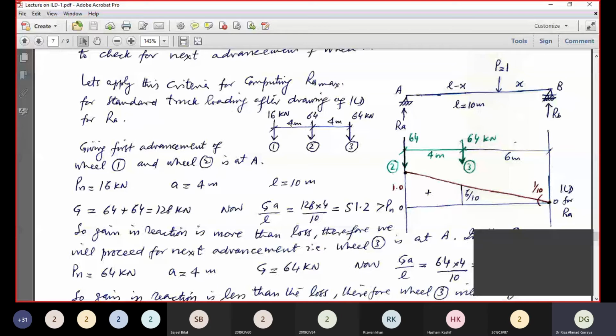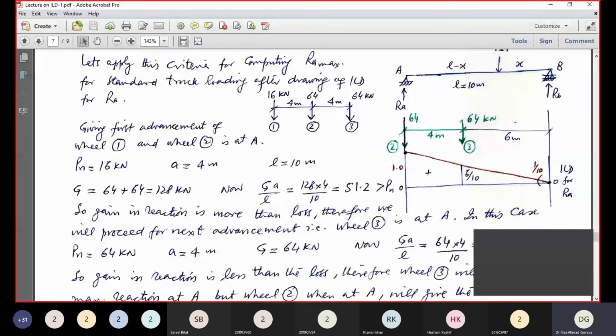Advancement distance is 4 meter. Span is 10 meter. So GA, the sum of the wheel loads on the span, 64 plus 64. Now GA over L, 128 into 4 over 10 is equal to 51.2, which is greater than Pn, which is 16. It means gain is more. So we will proceed for next advancement.